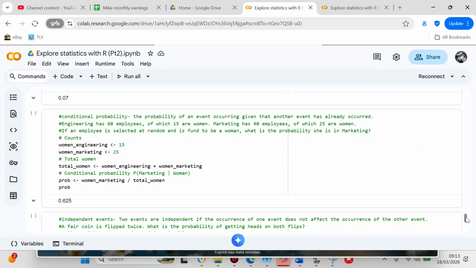Marketing has 40 employees, of which 25 are women. If an employee is selected at random and is found to be a woman, what is the probability she is in marketing? So 15 over 60 is the women in engineering, so 1/4 is women in engineering.